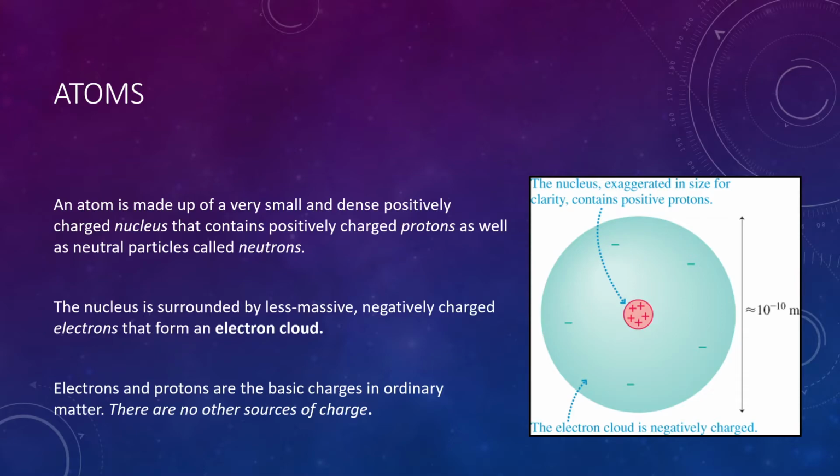This is, again, digressing, getting a little bit ahead of myself. But the point is, you have the positively dense nucleus, the negatively charged electron cloud around that. Now, these electrons and protons are the sources of charge in the universe. There are no other sources of charge anywhere. So we consider these to be the fundamental charges.